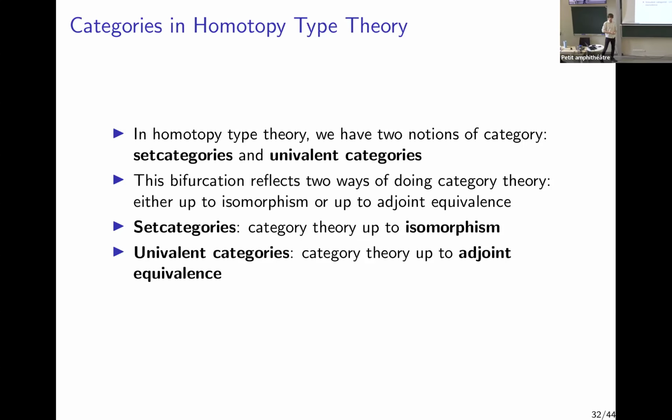And the way we normally deal with this is just by shouting our morals at each other. It's like, you're a bad person, you use isomorphism, that is not good. You should work up to adjoint equivalence. Even going as far as people saying like, don't be evil, on the nLab, saying it's pure moralism how we deal with it.